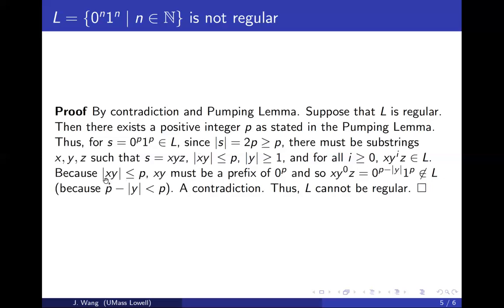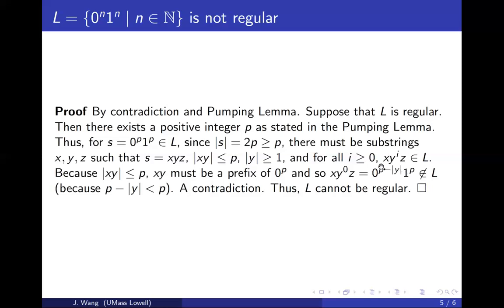Because the size of xy is less than or equal to p, xy must be a prefix of 0 to the p, because the length of 0 to the p is already p. Hence, you remove some zeros by pumping it down. So x y to the 0 followed by z equals 0 to the p minus the length of y followed by 1 to the p, because y is not empty.